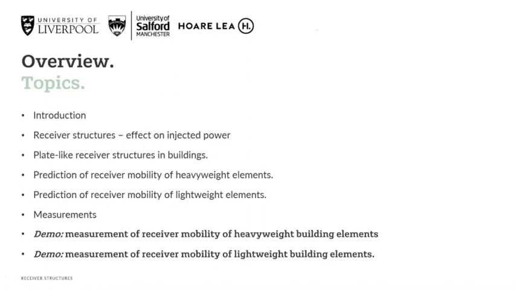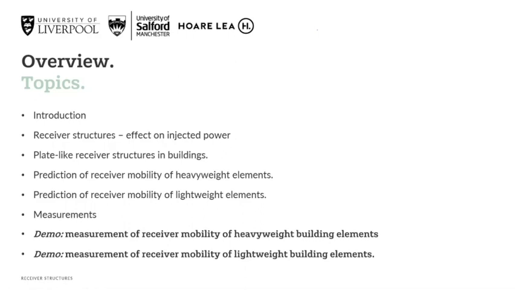Before I start the presentation, just a brief overview of the topics that we'll see. A brief introduction on what a receiver structure is, what kind of receiver structures we might see in buildings, and how we account for receiver structures, that is, what the effect is on the power transmitted or injected into the structure.